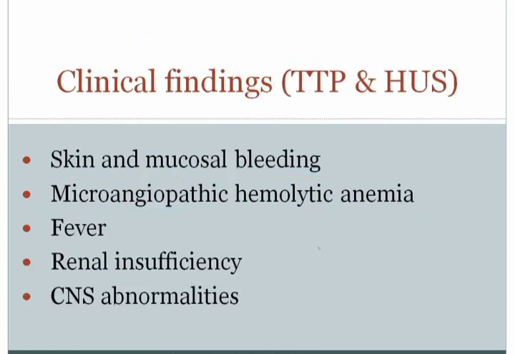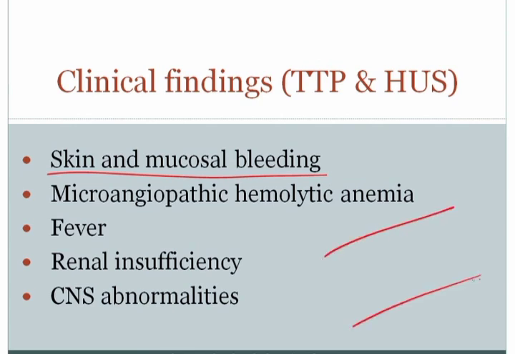Now, the clinical findings are very similar in TTP and HUS. If it's thrombotic thrombocytopenic purpura or hemolytic uremic syndrome, these are both microangiopathic hemolytic anemias, as I've already explained, and the clinical findings are very similar. So they get skin and mucosal bleeding. Why would they get skin and mucosal bleeding? Well, in both cases, you're getting platelet microthrombi within the blood vessels, correct?